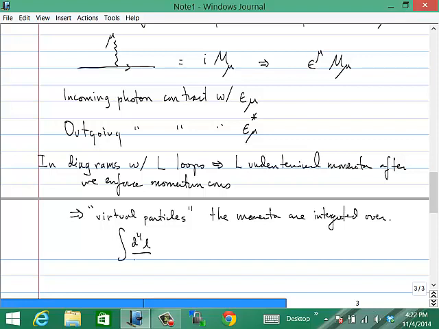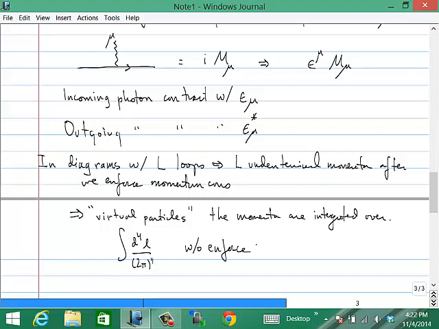So if L is one of these undetermined momenta, then you integrate d^4L. And the important point is, just as in the case of a real scalar field, that what you don't do is enforce the equations of motion.